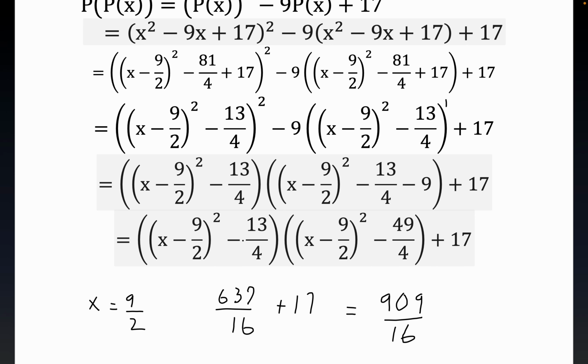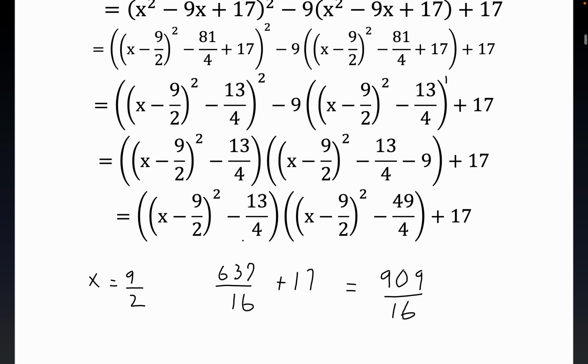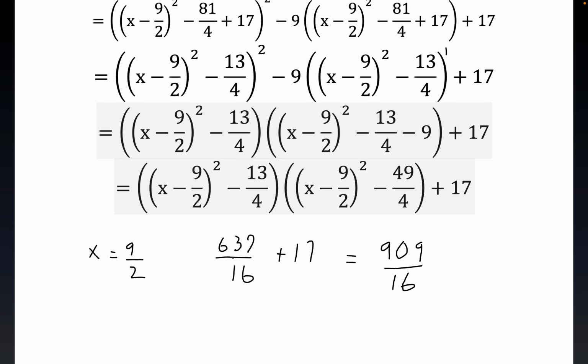And even though it's getting to be a larger negative number, the product is still positive. So it's definitely the case that the local max would happen at the coordinates 9/2, and then the maximum value would be 909 over 16.